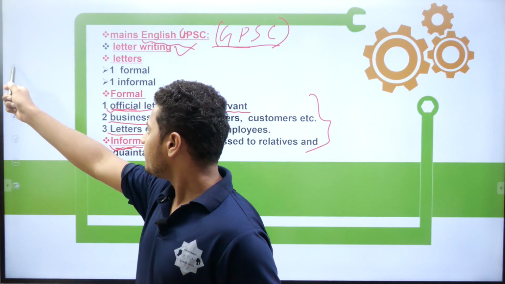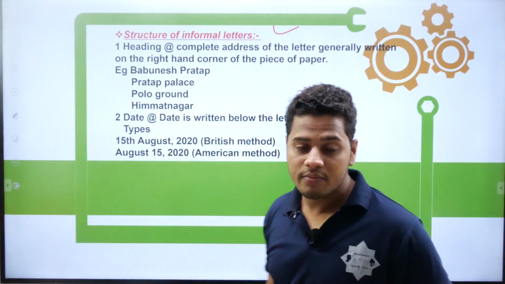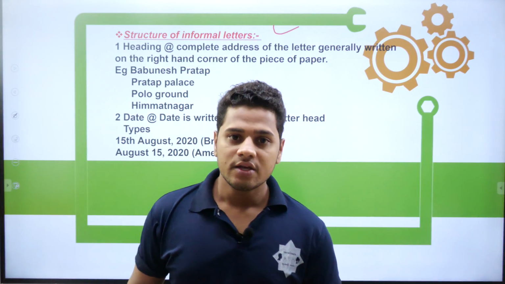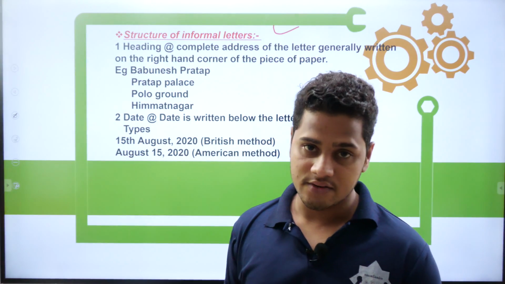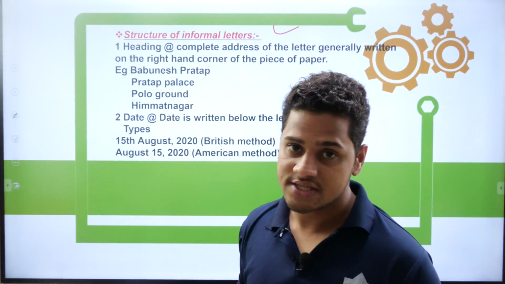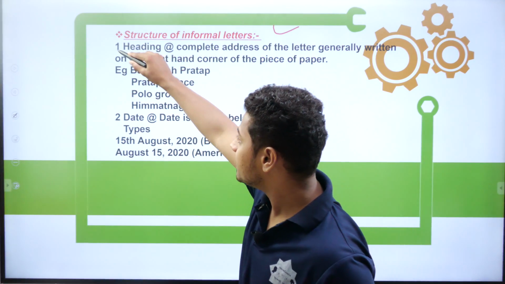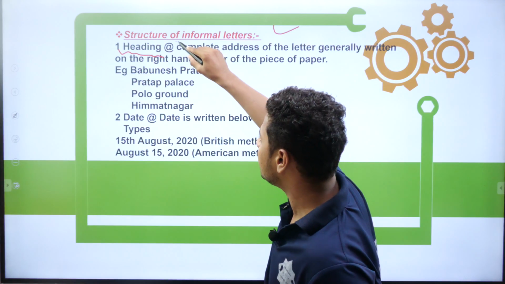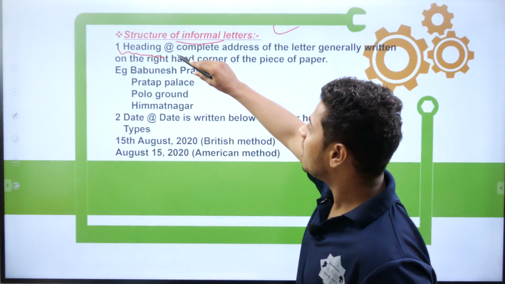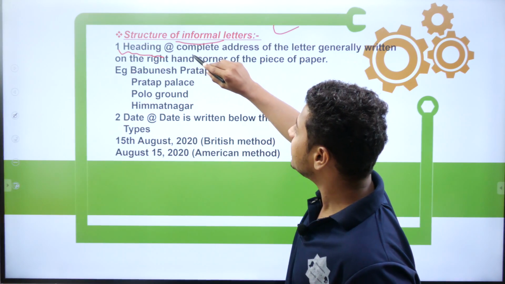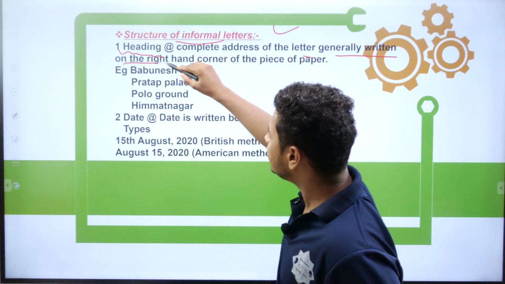Now we'll see the structure of an informal letter. As we have studied in the 12th standard, from our school level examinations, letter writing mostly we have studied. We have seen the heading first, the structure of the informal letter. In an informal letter the complete address of the sender is generally written on the right hand corner.